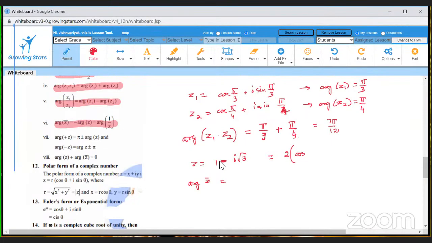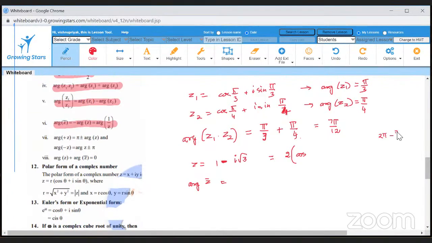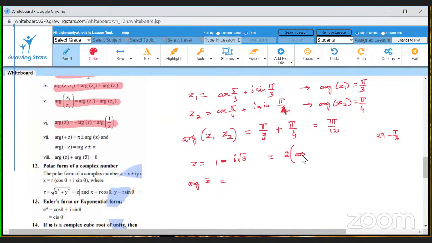X is positive and Y is negative, so it is in the 4th quadrant. 4th quadrant means 2 pi minus pi by 3, so it is 5 pi by 3. Cos 5 pi by 3 plus I sin 5 pi by 3. This is what you have. You must learn how to change it into mod amp form.